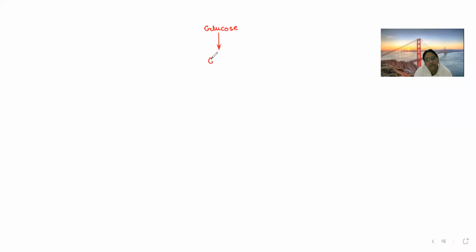So from glucose, there will be production of glucose 6-phosphate. Then from glucose 6-phosphate, there will be production of fructose 6-phosphate. From fructose 6-phosphate, there will be production of fructose 1,6 bisphosphate.